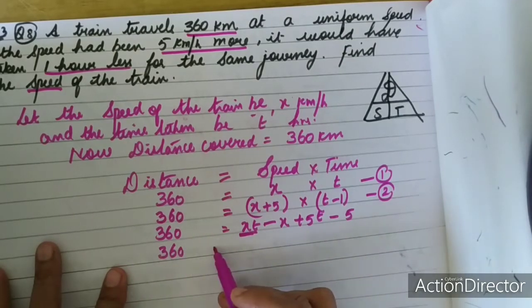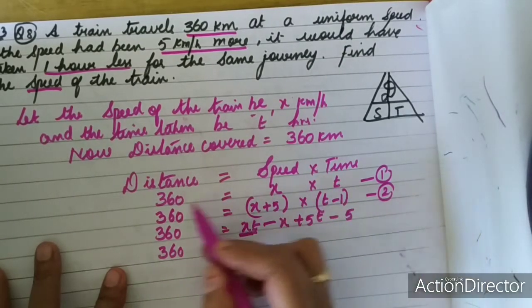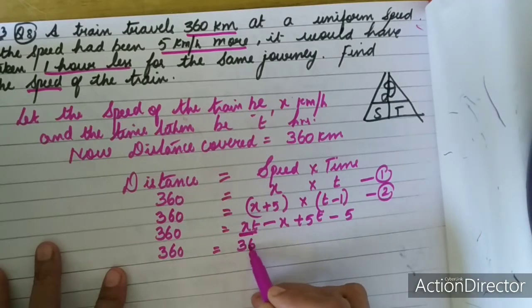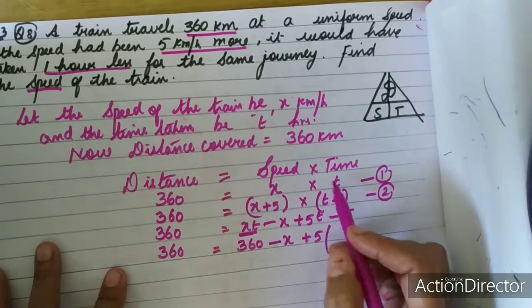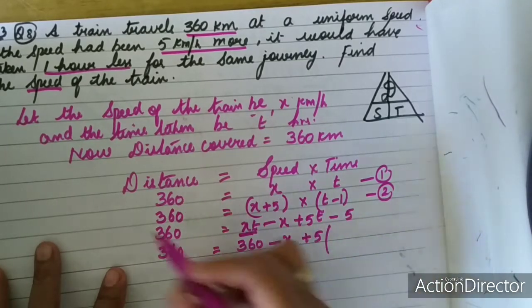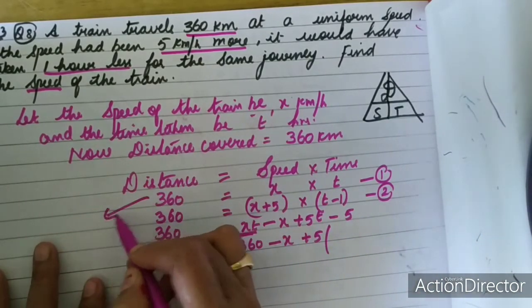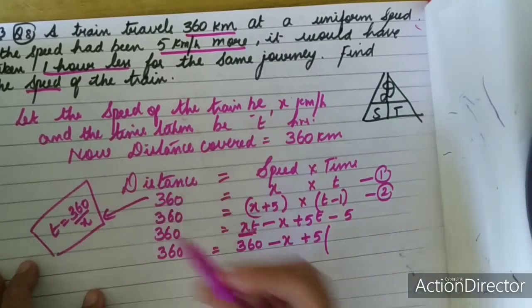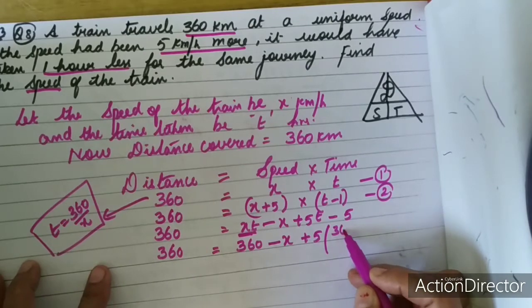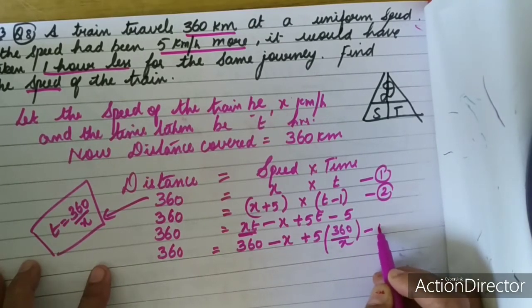So 360 is equal to 360 minus x plus 5t minus 5, and 5t is replaced by 5 into 360 upon x, since from the first equation t is equal to 360 upon x.